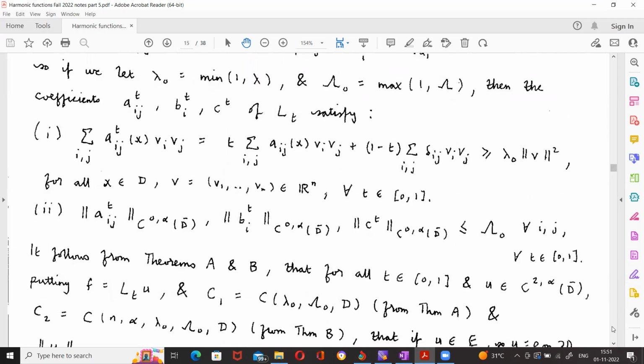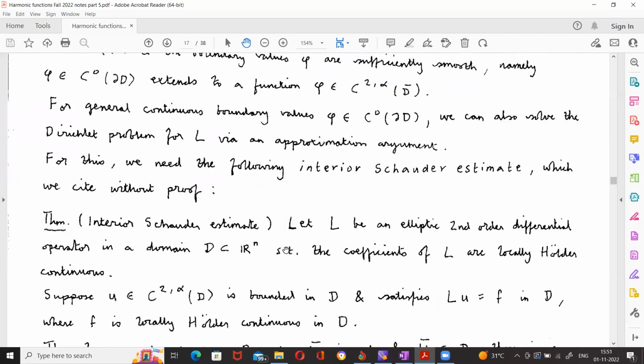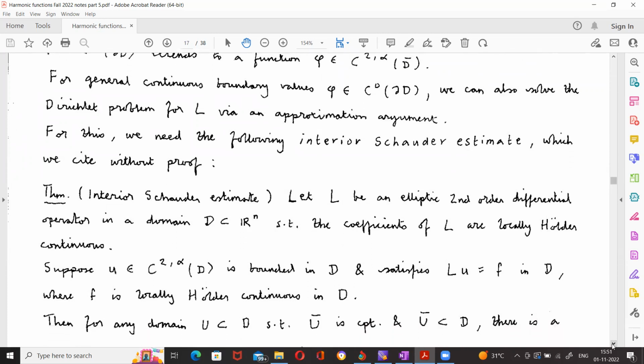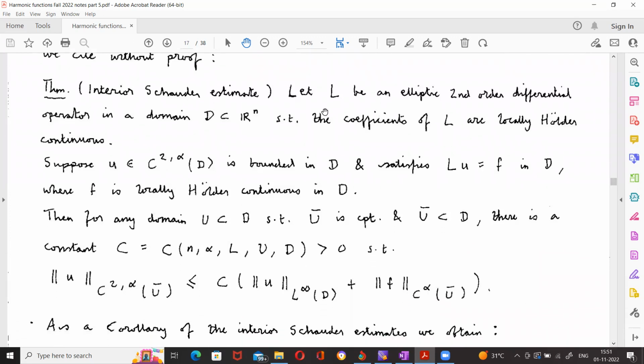Okay, so let me come to this interior Schauder estimate. Here, our functions may not extend up to the boundary, all right? They're just defined in the interior. So let L be elliptic, second order, on a domain D, such that the coefficients of L are locally Hölder continuous. The coefficients may not extend to the boundary.